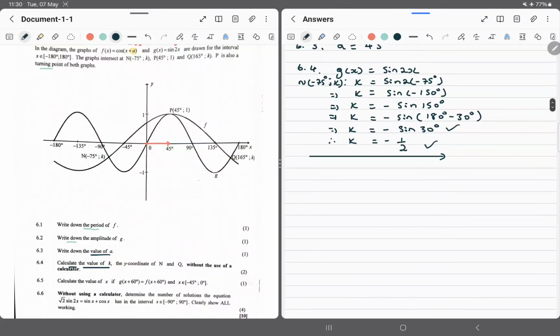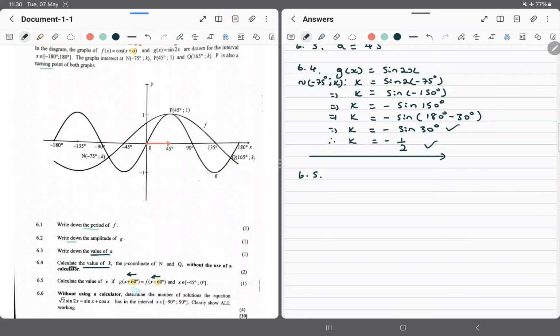So fine, 6.5. We are told to calculate x if g of x plus 60 degrees. Can you see? Now when you add 60 degrees, that's a shift to the left by 60 degrees. And we're doing the same to f of x and shifting it to the left by 60 degrees.